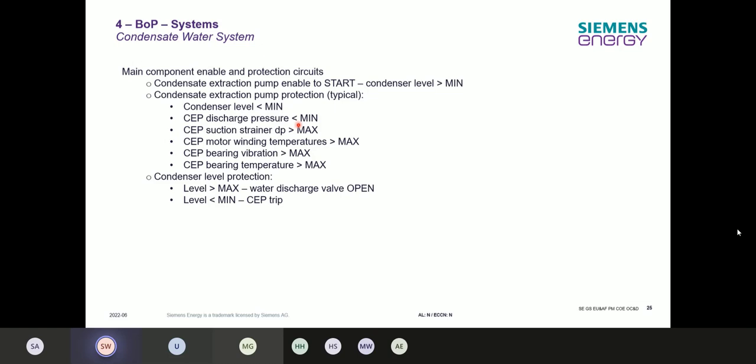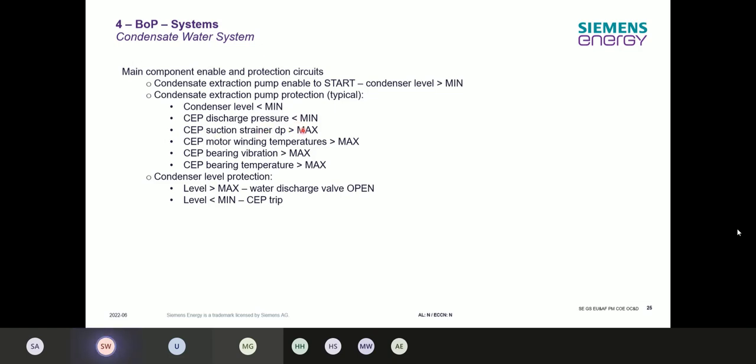There can be something blocked, your strainer can be full and not enough flow getting through, or something wrong inside the pump, or the motor is running too low. A lot of ways. So the discharge pressure is getting too low, and then the pump protection will change over to the spare pump and switch off this pump.